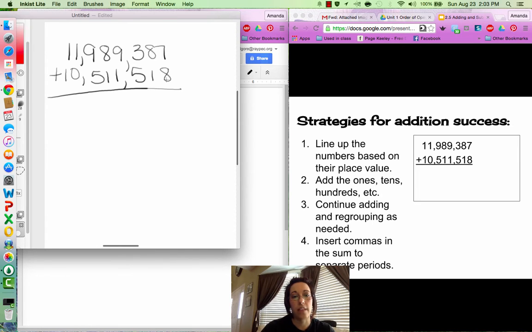So 7 plus 8 is 15. Put the 5 down here, carry the 1. 8 plus 1 is 9, plus 1 more is 10. 0 down here, carry our 1. 3 plus 1 is 4, plus 5 is 9. 9 plus 1 is 10, carry. 8 plus 1 is 9, plus 1 is 10. 9 plus 1 is 10, plus 5 is 15. 1 plus 1 is 2, plus 0 is still 2, and 1 plus 1 is 2.